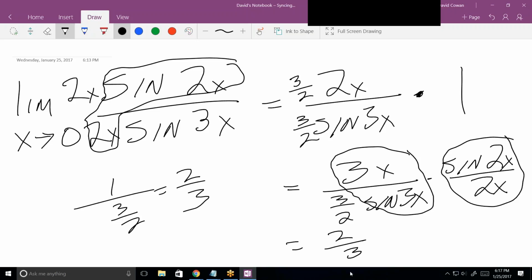Okay. Well, that's an interesting problem. That's the first one we've come across where I had to multiply the top and bottom by not just a number, but a number and the variable. I had to multiply it by 2x top and bottom. And then on the right, then I multiply by just 3 halves.